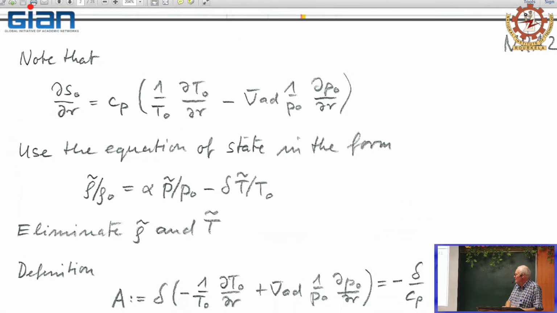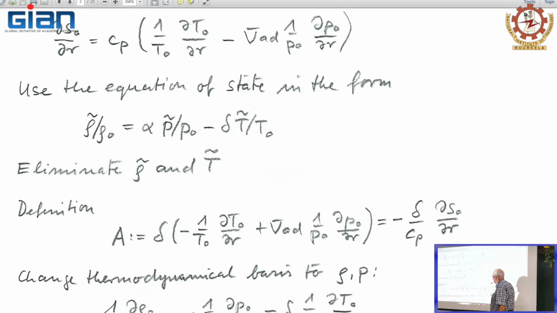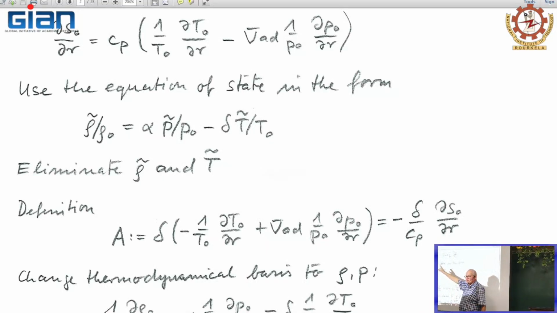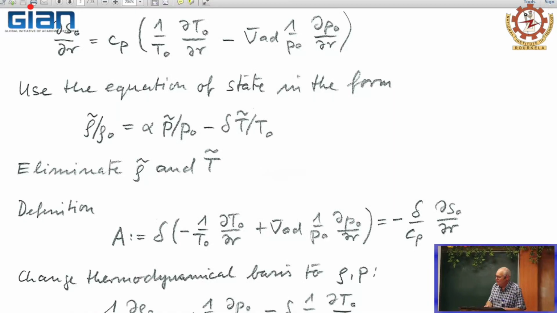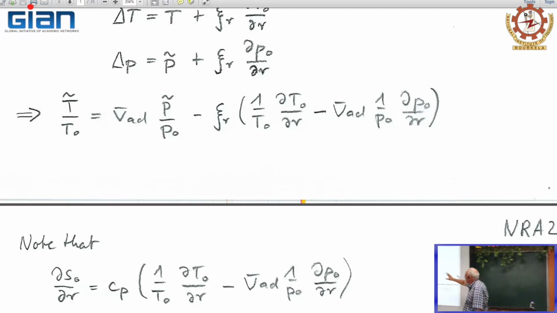Okay, so now we introduce a definition. We introduce the quantity A, which is proportional to the entropy gradient. We saw the entropy gradient is more or less this bracketed term, which appears in the relation between temperature and pressure perturbation. This is this bracket here.